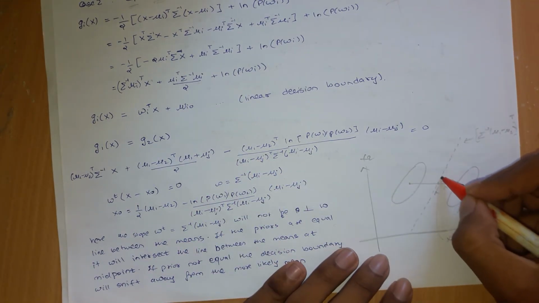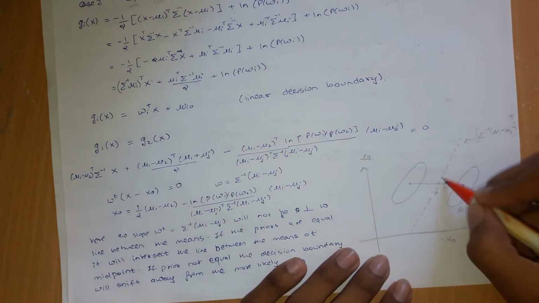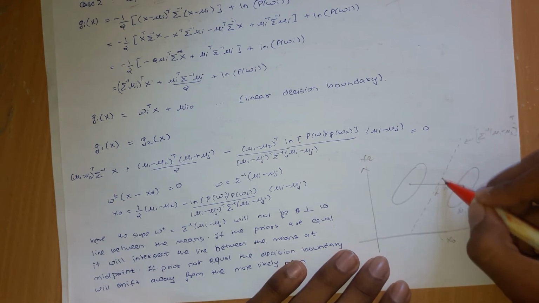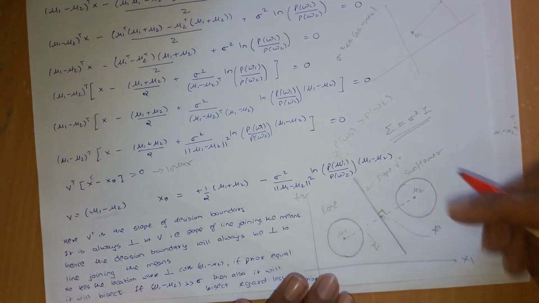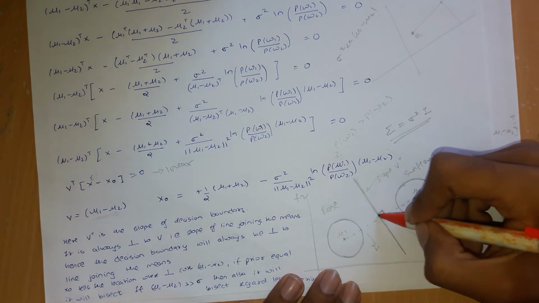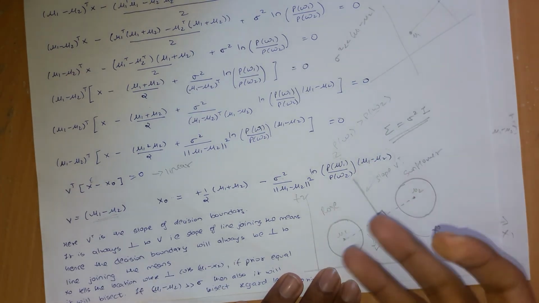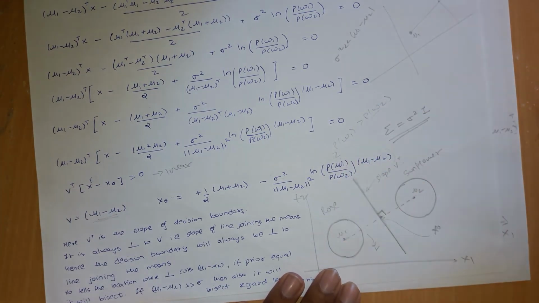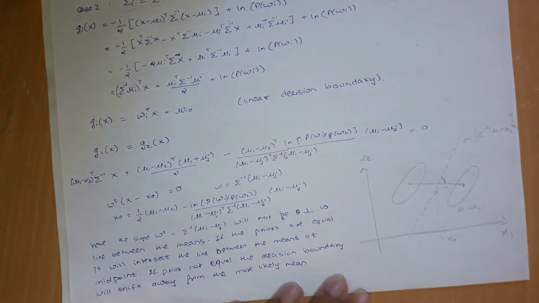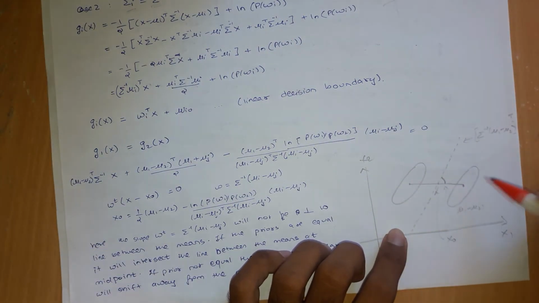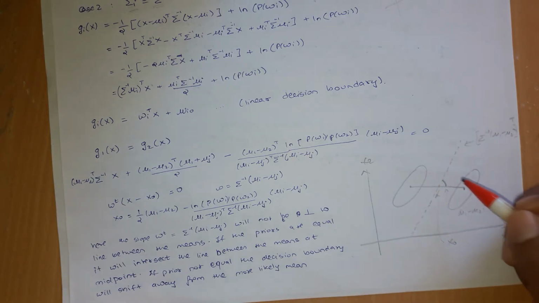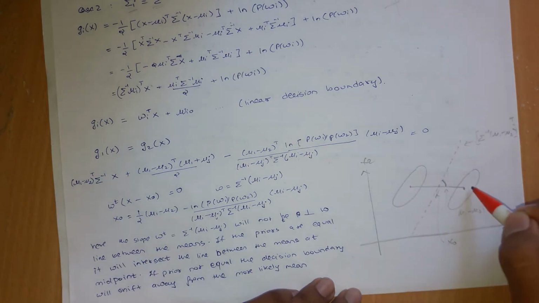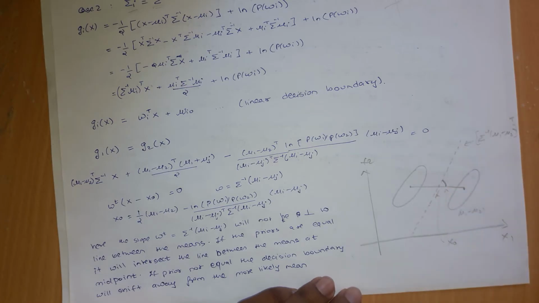but the only difference that will come over here is now this angle is not 90 degrees. Now this is at some angle. So initially when we had circles, when the variances were equal, you could see that we got perpendicular, which makes sense. This is quite symmetric along this. So here what happens is, because there is this particular kind of ellipse, your decision boundary will no longer be perpendicular to the line joining the means, but will be at some angle.